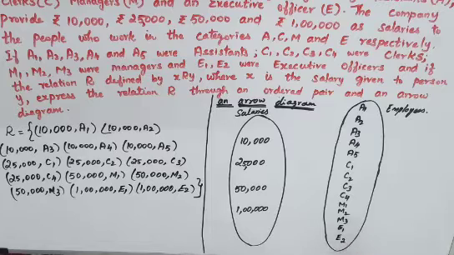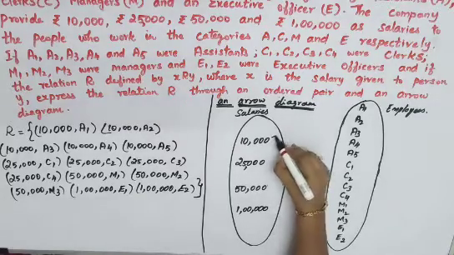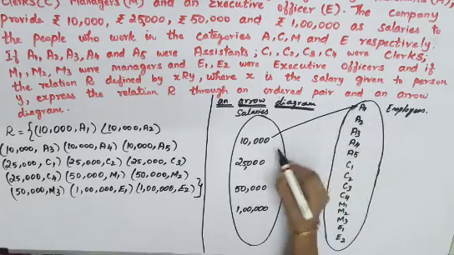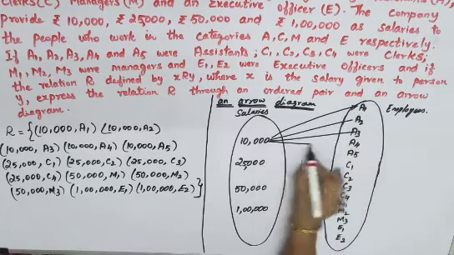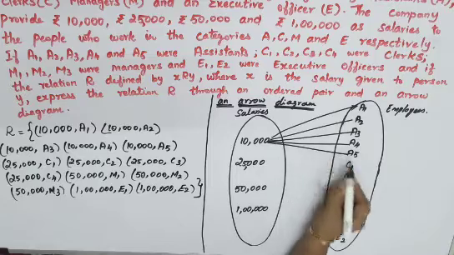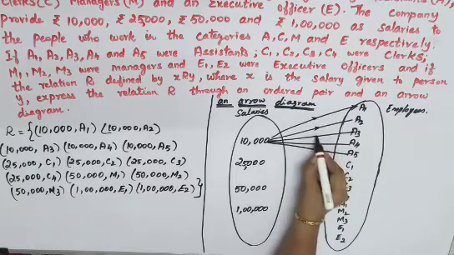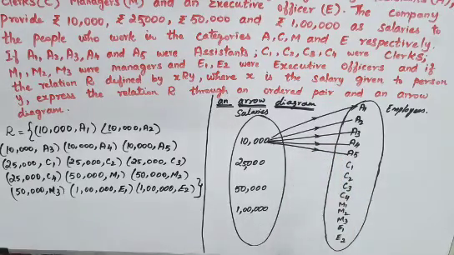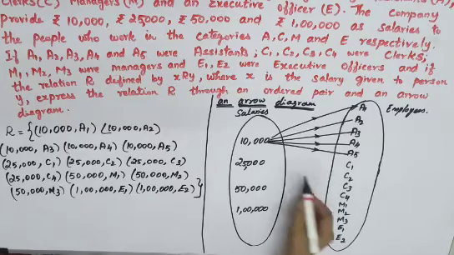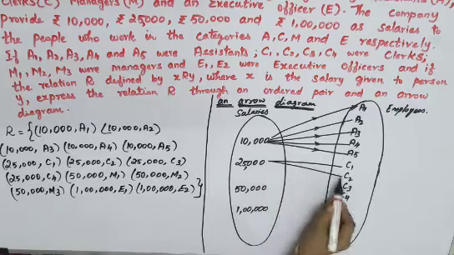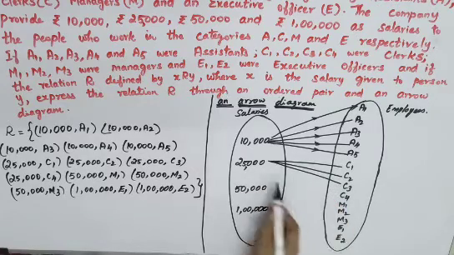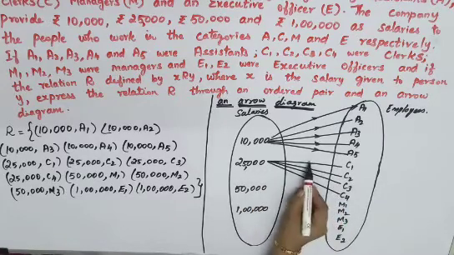So now we'll have to mark it. 10,000 salary, who all are getting 10,000 salary, we'll have to mark them. So it is 10,000 from A1 to A5. So all these persons are getting 10,000 salary. Then 25,000 to C1, again C2, C3, C4.